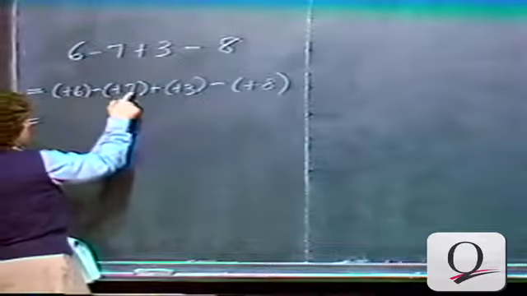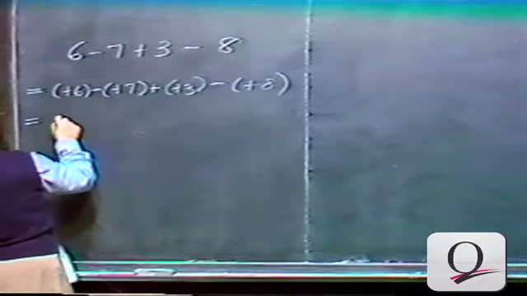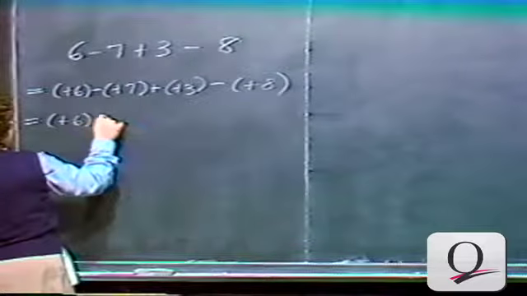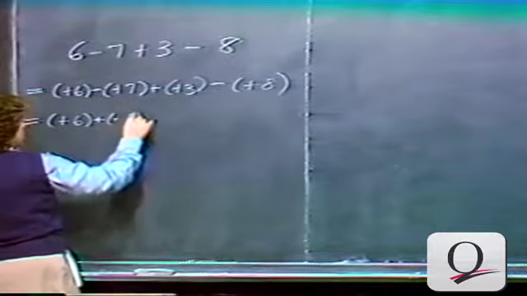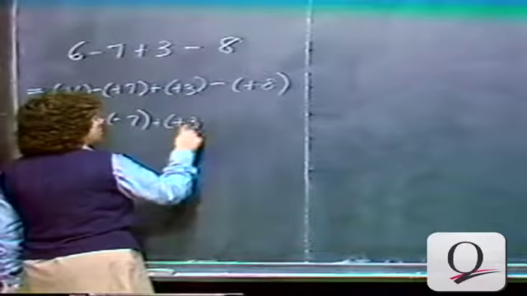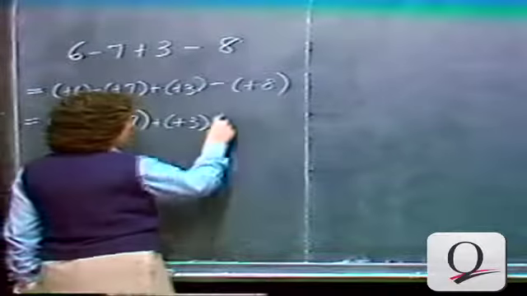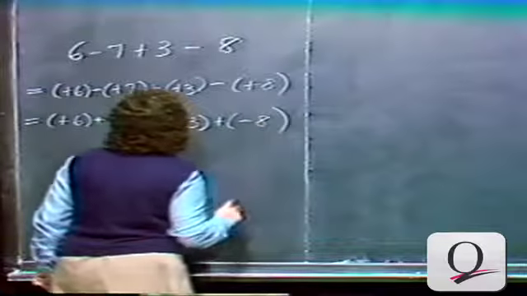Well, plus 6 take away a plus 7 means plus 6, and instead of subtract, add the opposite, plus 6 and a minus 7, and then plus 3, and instead of subtracting a plus 8, we will add a minus 8.